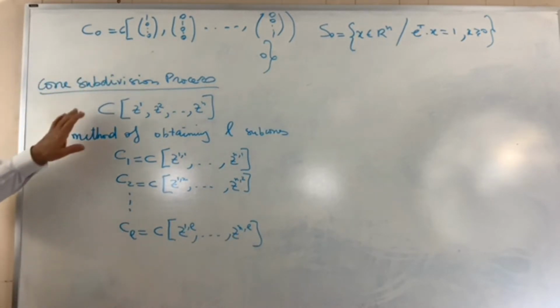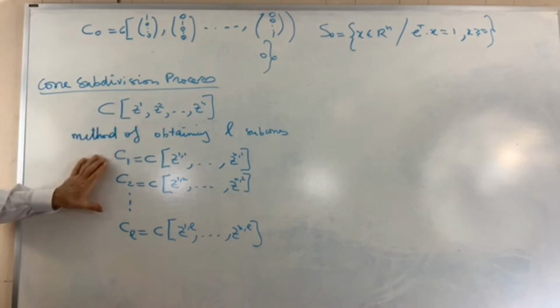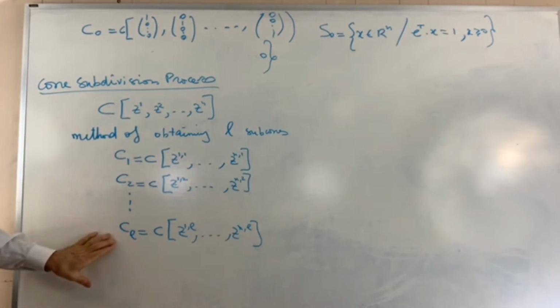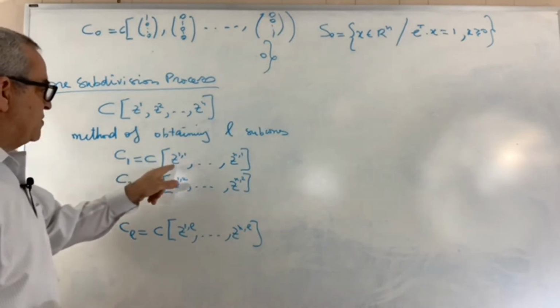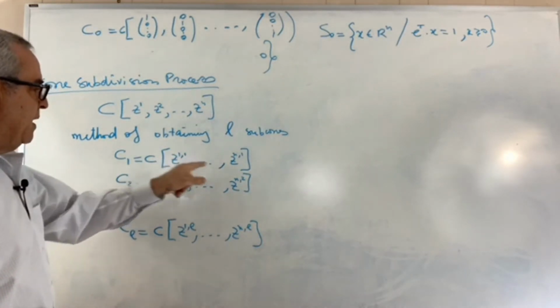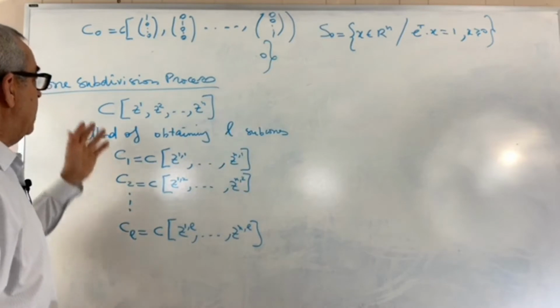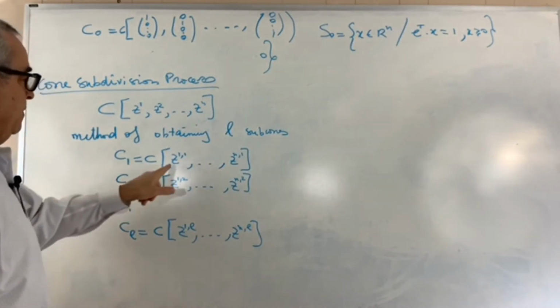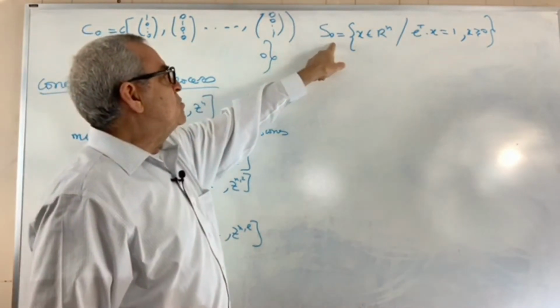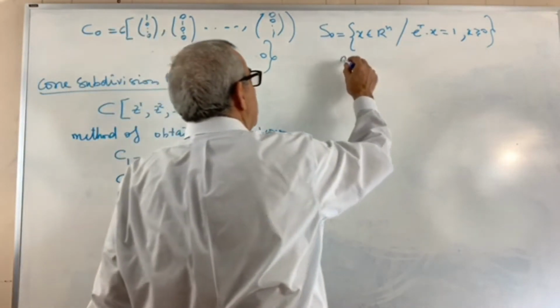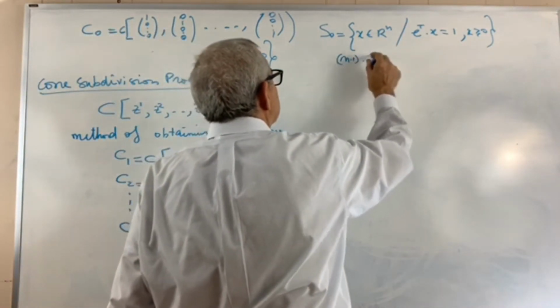So it's a method of taking this n-dimensional cone and subdividing it into these cones. Of course, all these vectors Z1i, ..., Zni are independent, as we agreed before, and all belong to this n-1 simplex.